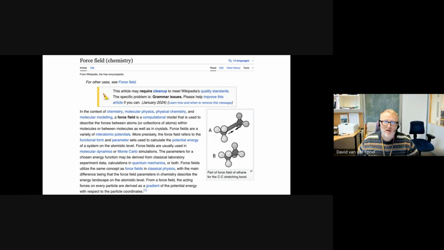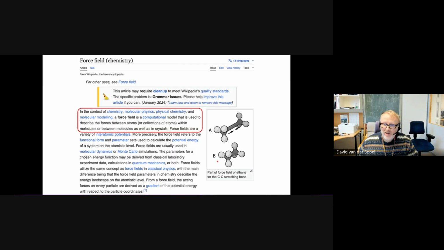Instead, I'm talking about force fields in chemistry. I didn't do any cleanups yet to this page, but I could consider it. In the context of chemistry and molecular physics, a force field is a computational model that is used to describe the forces between atoms or collections of atoms.